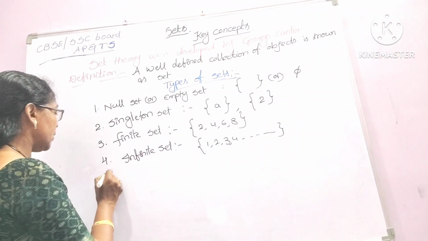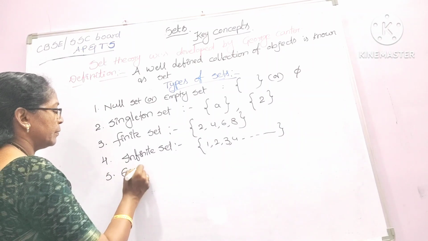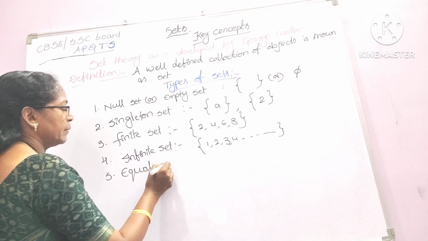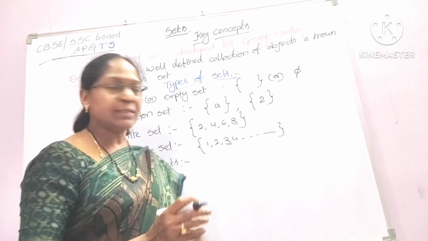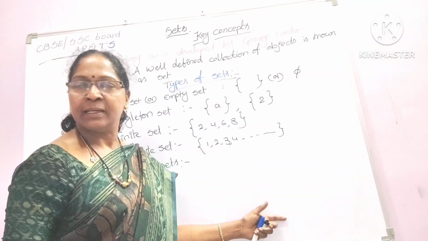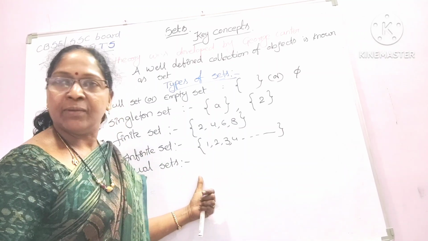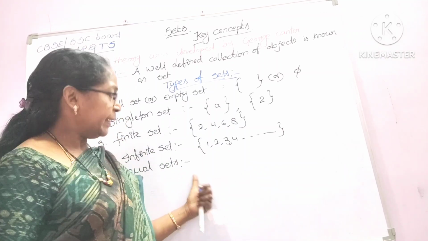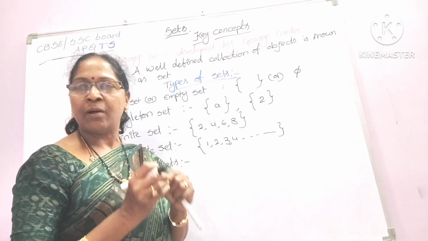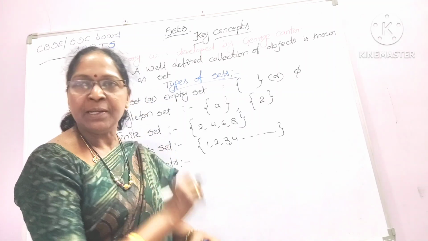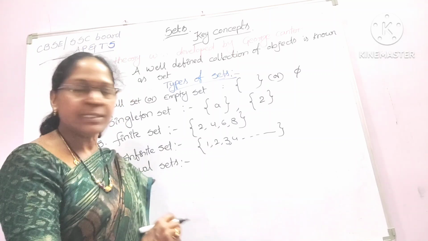Next one, equal sets. That means both sets have the same number of elements. That we call an equal set. A and B sets are there. Those two sets have the same number of elements and the same elements. Those we call equal sets.